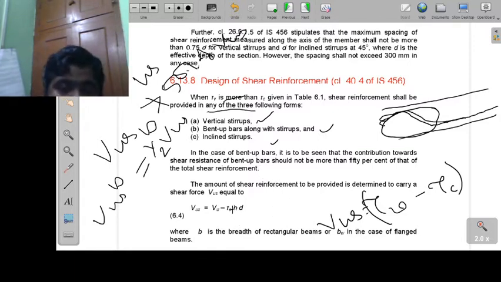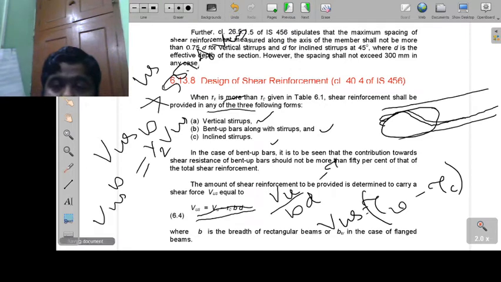So this equation and this equation are the same. It is written Vus equals Vu minus tau c bd. What is tau v? Tau v is equal to Vu divided by bd. And this is tau c.